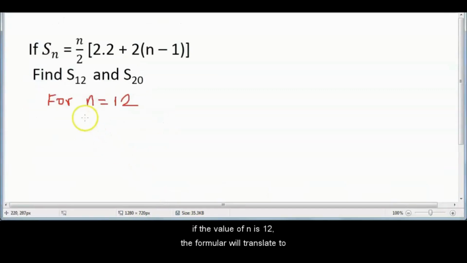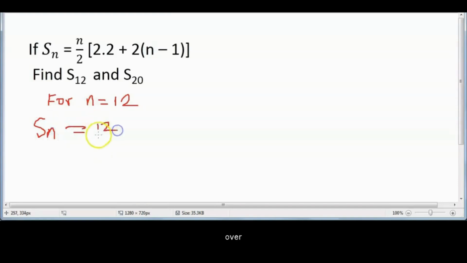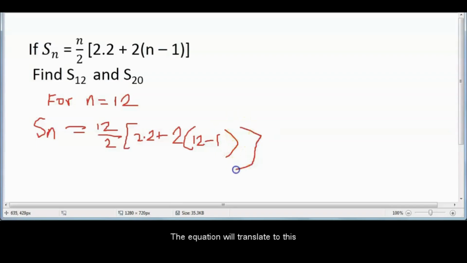Okay, if the value of n is 12, the formula will translate to S subscript n is equal to 12 over 2, and the question will translate to this, where n is being replaced by the number 12.